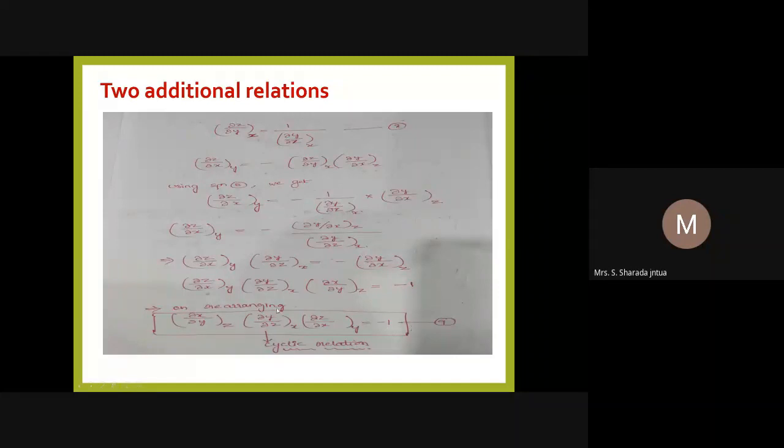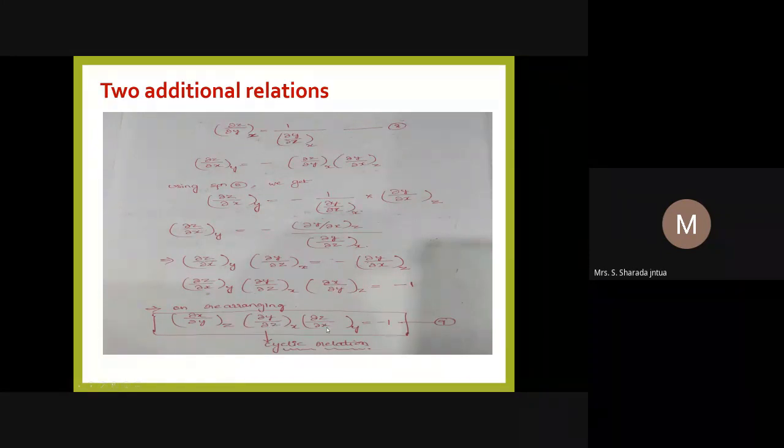So this type of equation which you are getting, that is equal to minus 1. See here you can see ∂x, ∂y, ∂z, and these depend on z, x, y, equal to minus 1, then that is called cyclic relation. ఇక్కడ మీరు cyclic గా మూవ్ అవుతుంది చూడండి, x by y, then y by z, then z by x.